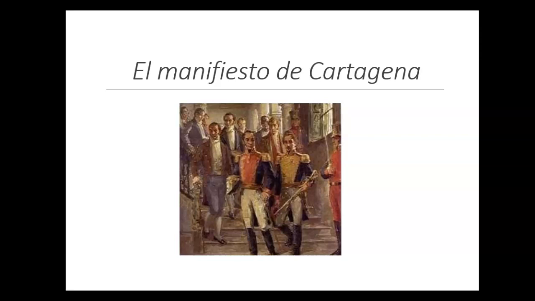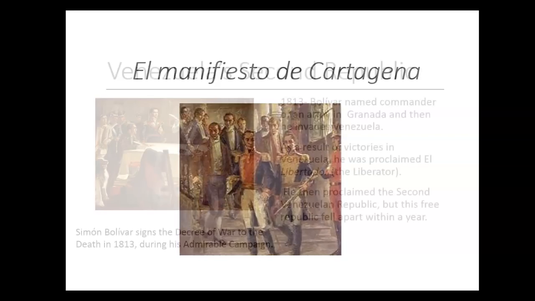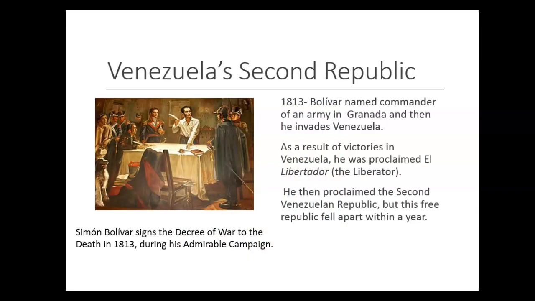In 1813, Bolívar was named commander of an army in Granada, and then he invaded Venezuela in what came to be known as the Admirable Campaign. As a result of the victories in Venezuela, he was proclaimed El Libertador, the Liberator.